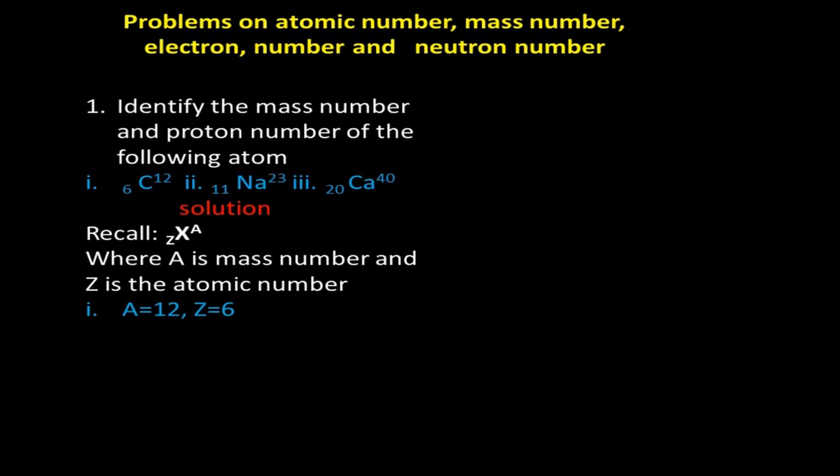For I, the mass number equals 12, while the atomic number equals 6, which is equal to the proton number. For II, atomic number equals 11, which is equal to the proton number, and the mass number equals 23. III, atomic number equals 20, which is equal to the proton number, and the mass number equals 40.